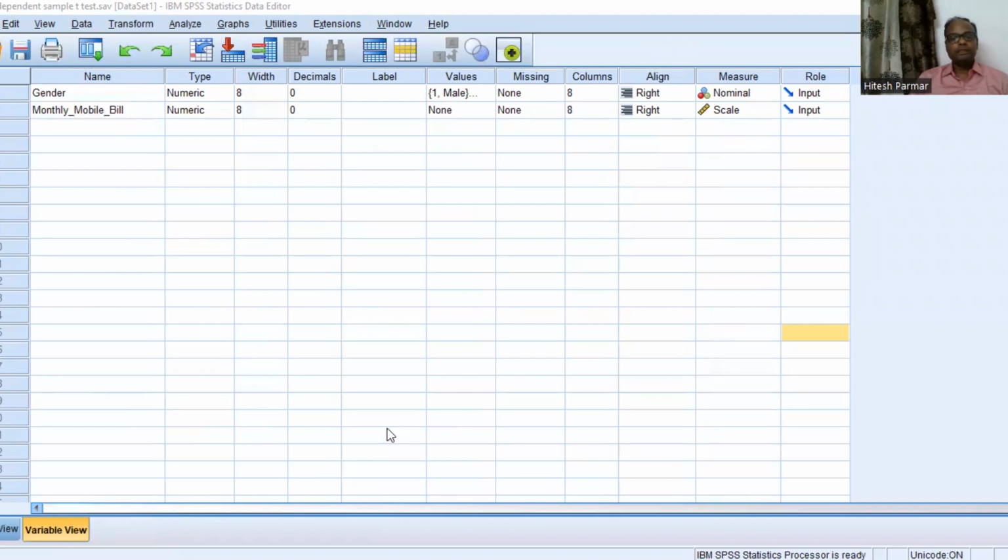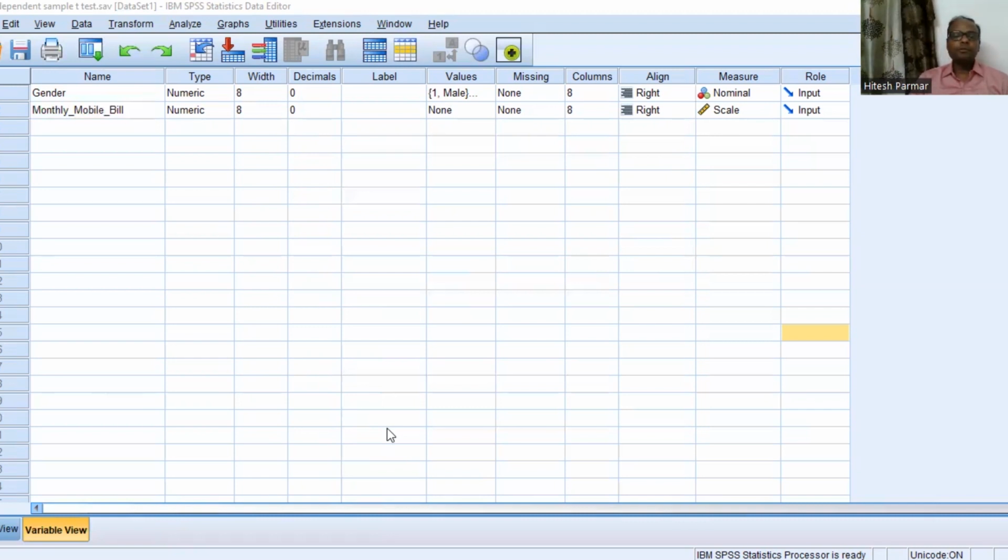we have this output available for the t-test, independent sample t-test. So the first table is regarding the group statistics, and the second table is regarding the independent sample t-test.